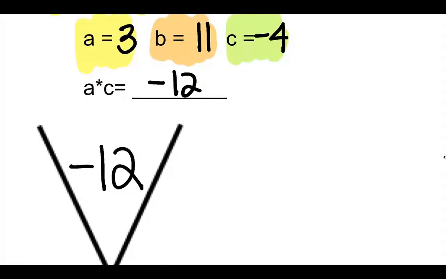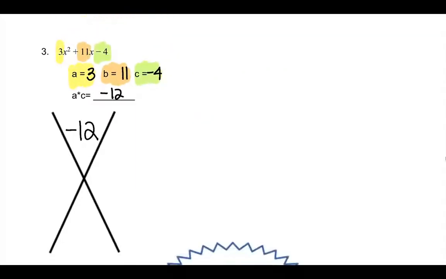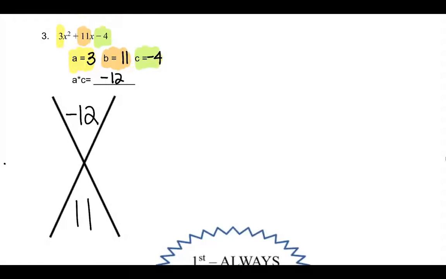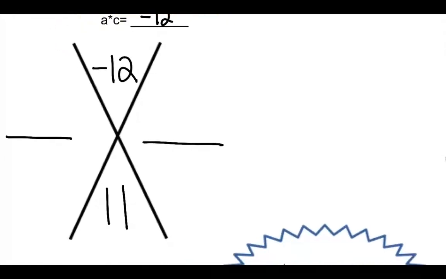So that number, negative 12, and I just bring down 11. I'm going to see what multiplies to negative 12 but also adds to positive 11. Well, the only thing that sticks out to me is 12 and 1. So I need a positive 12 and a negative 1, because 12 times negative 1 is negative 12, and then 12 plus negative 1 is 11.